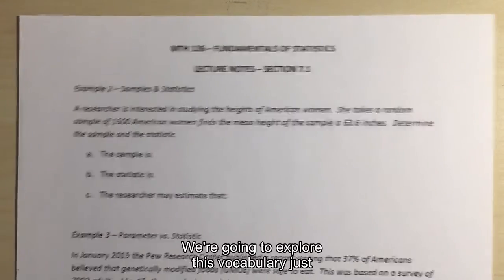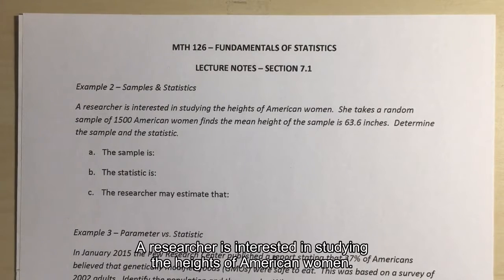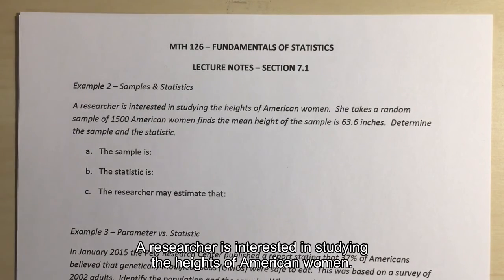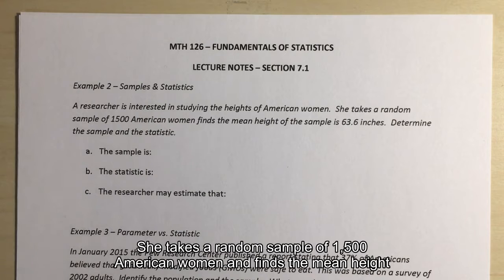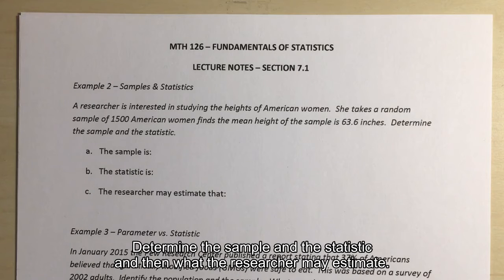Right, so we're going to explore this vocabulary just a little bit more in these next couple of examples. A researcher is interested in studying the heights of American women. She takes a random sample of 1,500 American women and finds the mean height of the sample is 63.6 inches. Determine the sample, the statistic, and then what the researcher may estimate.